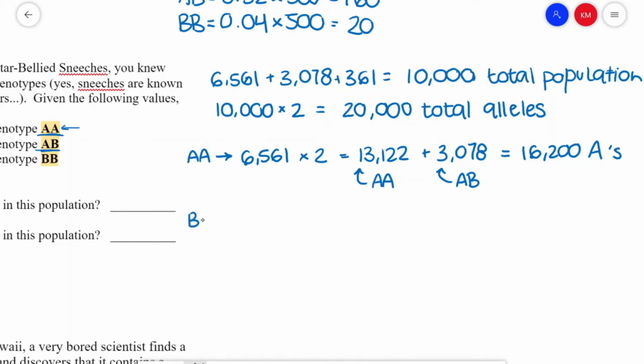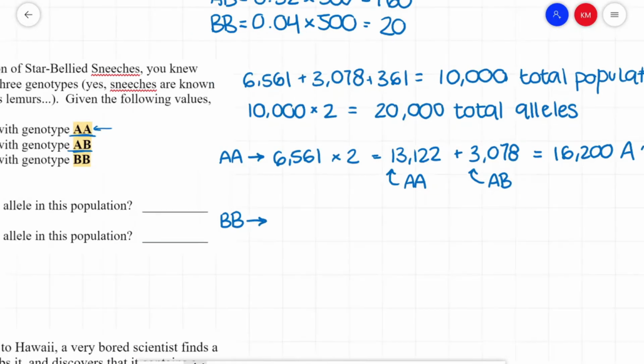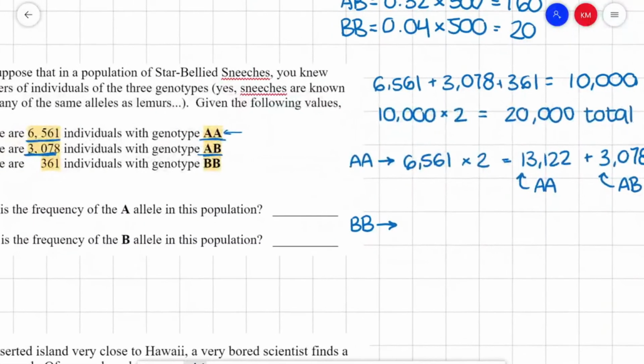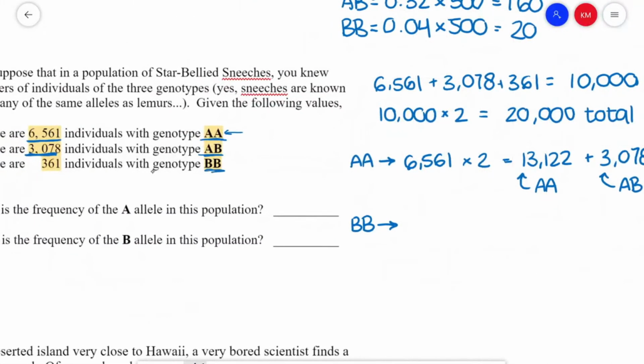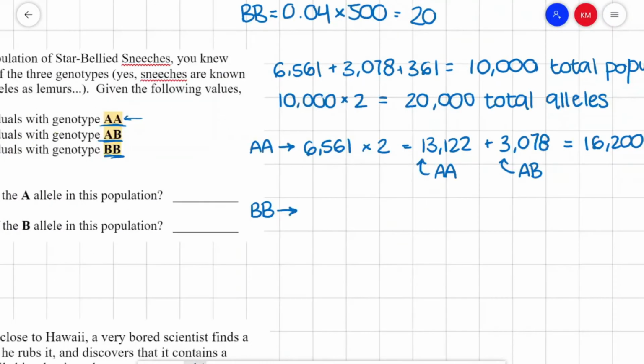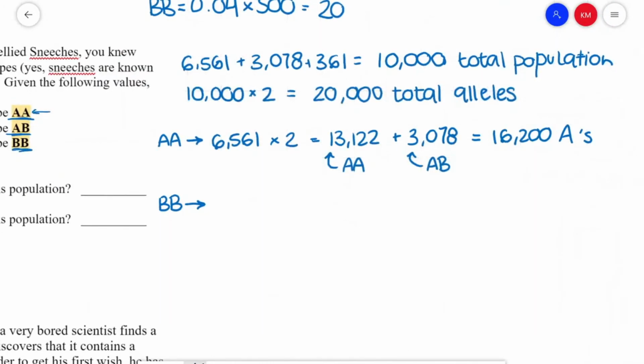Okay? So let's find B, and then we'll finish finding the frequencies of those. So again, I like to just start by finding how many Bs we have in the homozygous population. We have 361 individuals with the genotype BB. So 361 times 2, right? Because each one of those individuals has 2 Bs. That's going to give us 722.